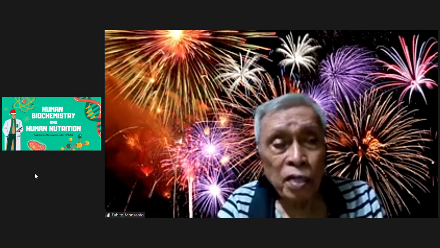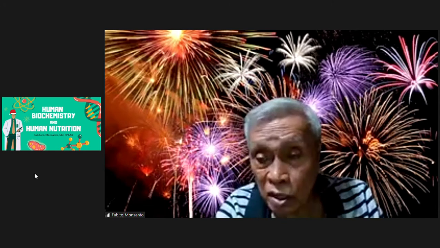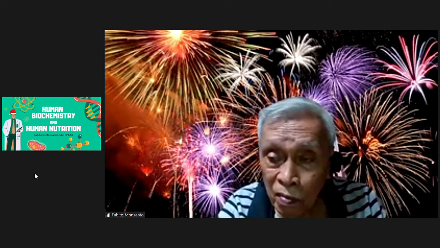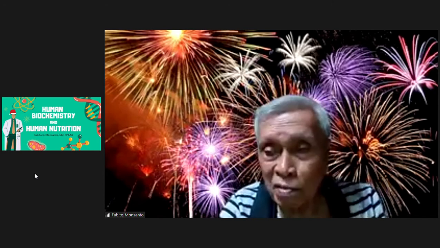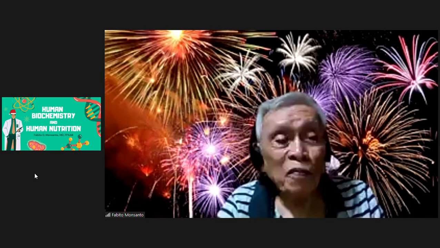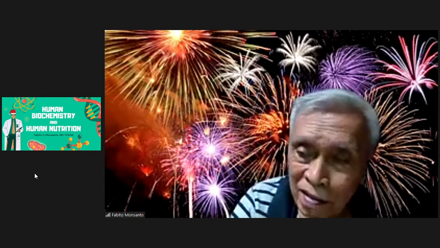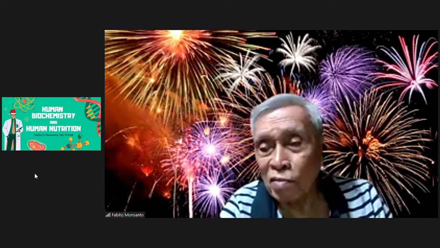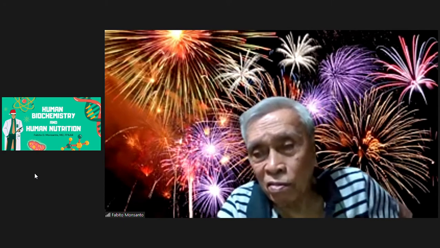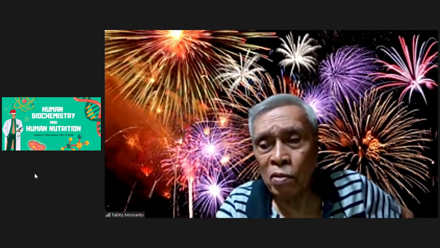Now it's different with ruminants, which eat grass. They ferment the cellulose. So they have fermentation going on in these ruminants. You know, carabaos.